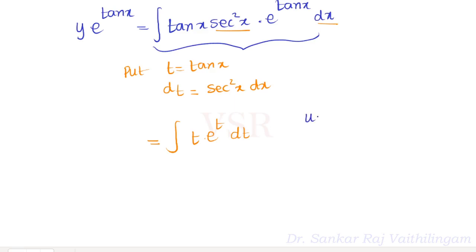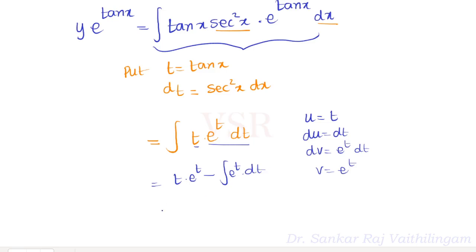u equal to t. du, which is equal to dt. Okay. dv, which is equal to e to the power t dt. அப்போ v, which is equal to e to the power t. அப்போ u dv, கரெக்டா, இது u, இது dv, which is equal to uv, t into e to the power t minus integral of v du, e to the power t dt.